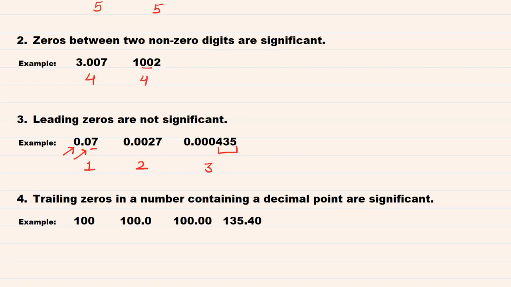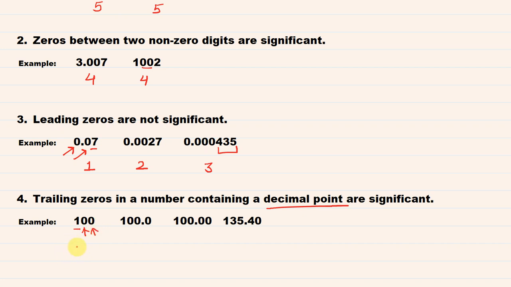Coming to rule number 4, we can say trailing zeros in a number containing a decimal point are significant. What are the trailing zeros? We can say these are the zeros that are present towards the right-hand side of the last non-zero digit in a number. For example, in 100, 1 is the non-zero digit and the zeros present towards the right side of this 1 are the trailing zeros.